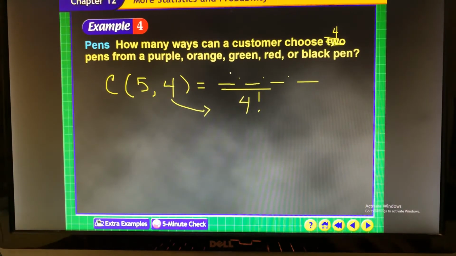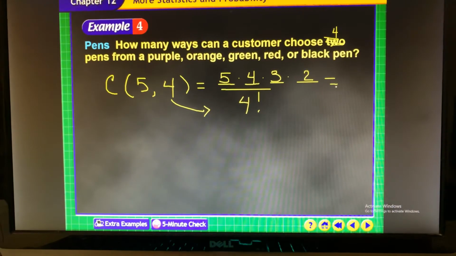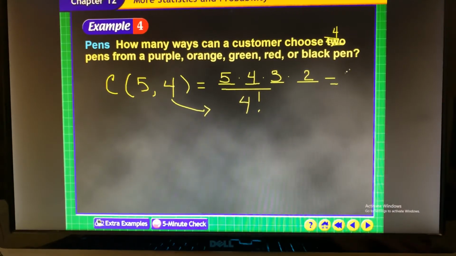First I get to choose from 5 pens. Now there's 1 less pen. Now there's 1 less pen. And now there's another less pen. And then you have your total. So let's do 5 times 4 times 3 times 2. You're going to get 120. Divided by, remember 4 factorial is 4 times 3 times 2 times 1.